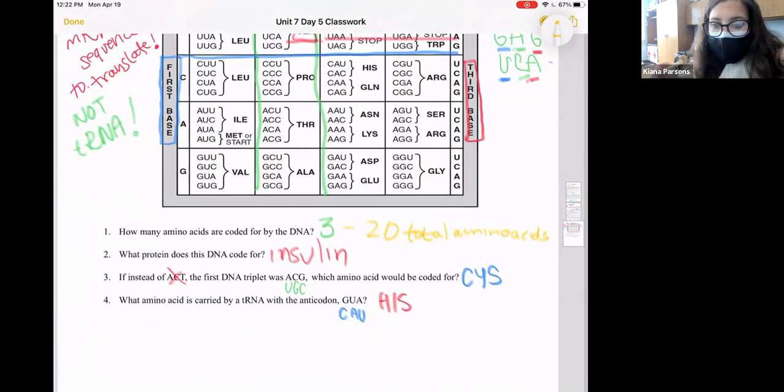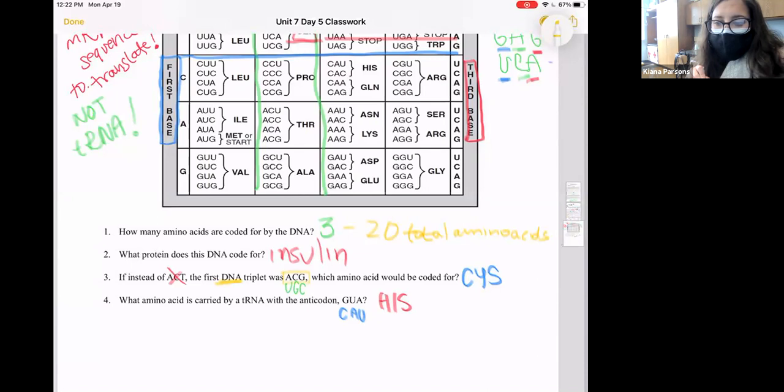Now this one, I was going through with one of the groups right before we came out of the breakout room. So if instead of ACT, which was not actually the beginning of this DNA sequence, but we'll ignore that, the first DNA triplet was ACG, which amino acid would be coded for? In order to figure that out, what do we need to do with that sequence of DNA?